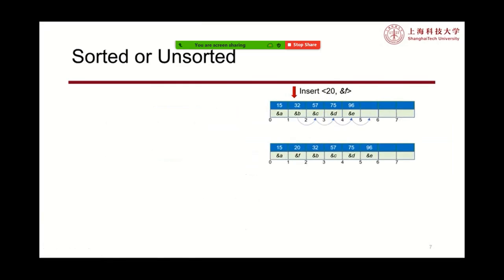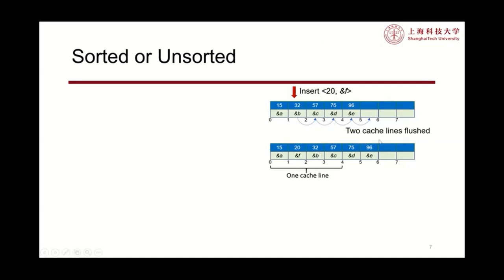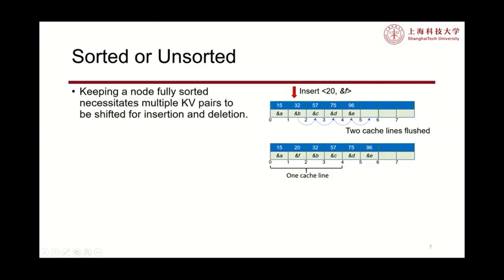From this one, we can assume that 4 key value pairs occupy one cache line. So in this example, we modify 2 cache lines. This is one cache line, this is another cache line. Both of them are modified, so we will flush 2 cache lines. You can see that keeping a node fully sorted makes multiple key value pairs be shifted for insertion and deletion.